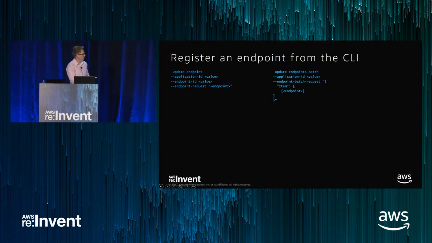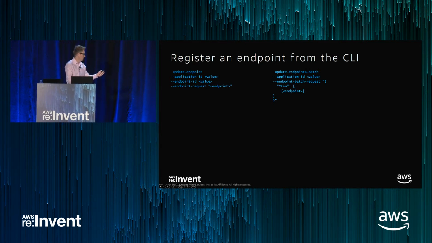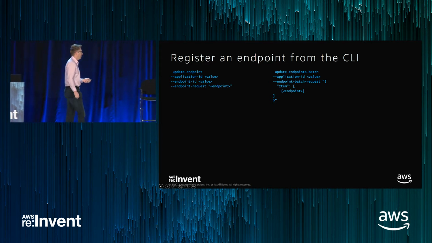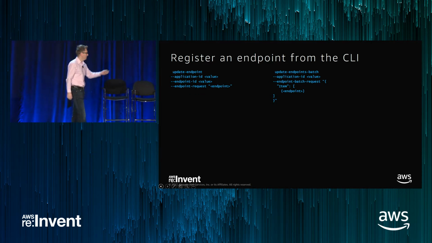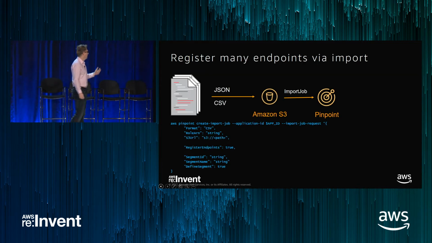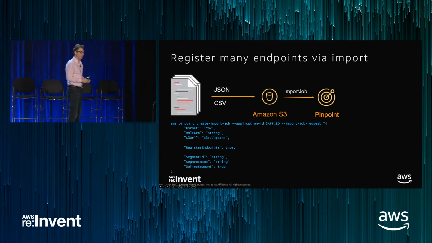Now, if you want to go further than registering one endpoint at a time, on the right side is a batch call, so you can queue up an array of endpoints. But let's say you already have active marketing, so you have more than just a few dozen. Registering one at a time doesn't make sense. Registering a batch doesn't make sense. We want to get a whole bunch of endpoints into Pinpoint.